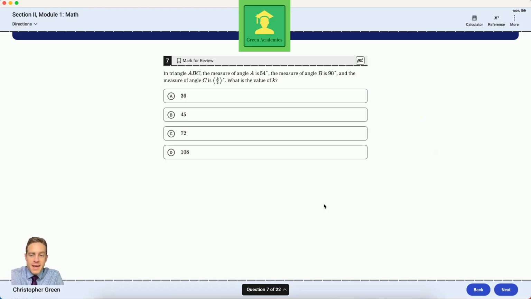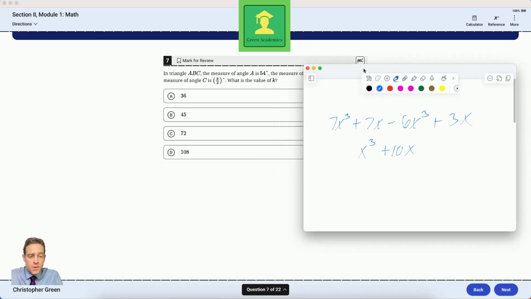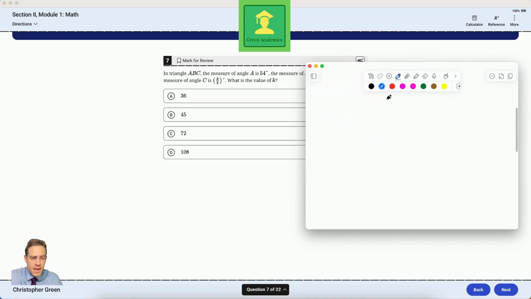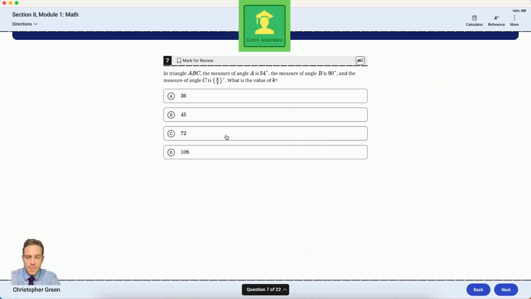The measure of angle B is 90, and the measure of angle C is k over 2. So as an equation, it would be 54 plus 90 plus k over 2 equals 180, which would get you to k over 2 being 36, which makes the answer 72.